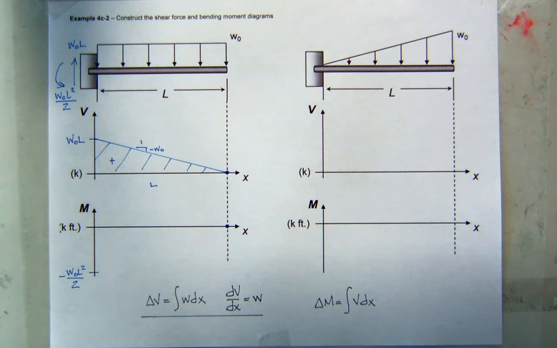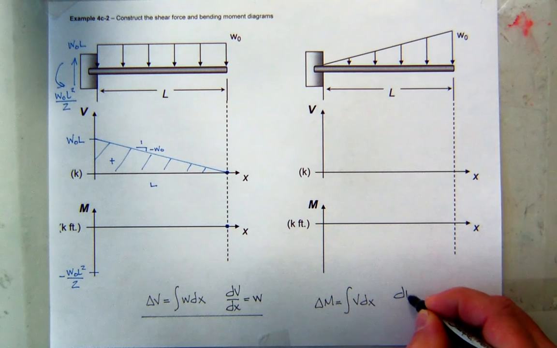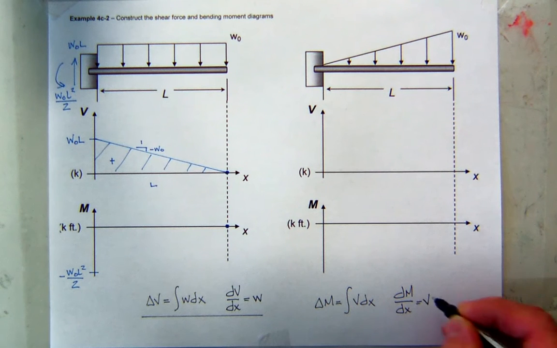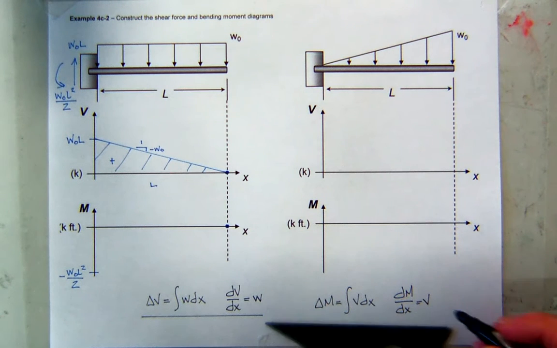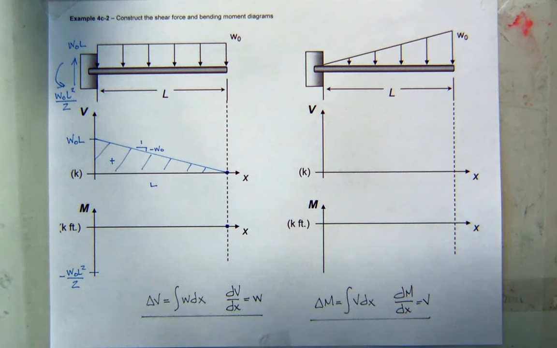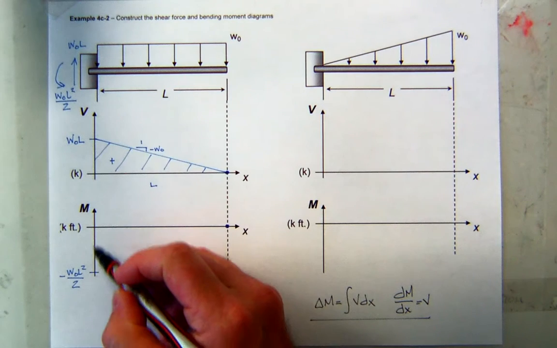Now, what is the shape of the moment diagram? Well, I know the slope of the moment diagram is equal to the shear. Those are my relationships I've been using. So let's start at the left side. The slope of my moment diagram should be equal to the value of the shear. What is the value of the shear at 0?